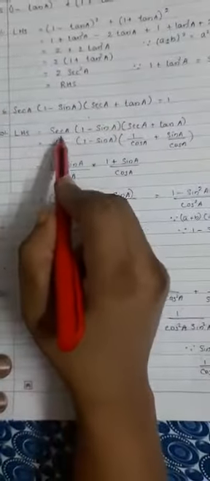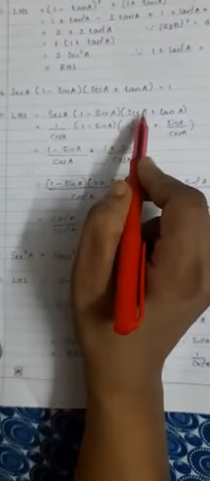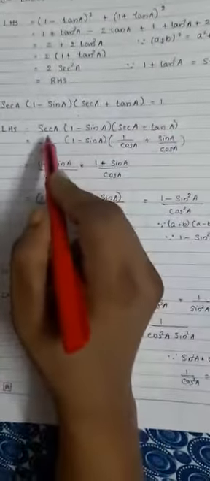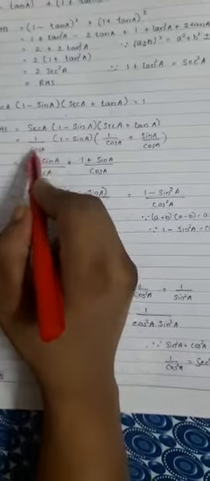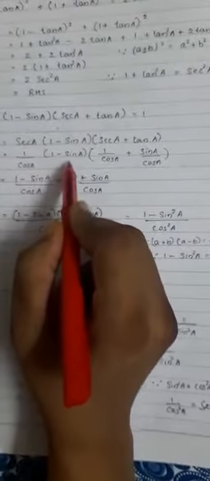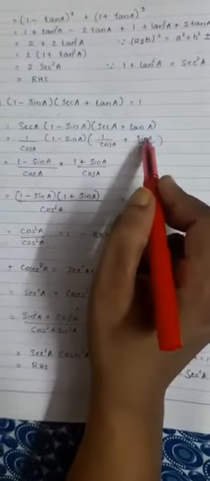LHS equal to sec A into 1 minus sin A into sec A plus tan A. You can write sec A is equal to 1 by cos A. So this becomes 1 by cos A into 1 minus sin A into 1 by cos A plus sin A by cos A. That is equal to 1 minus sin A divided by cos A into 1 plus sin A divided by cos A.